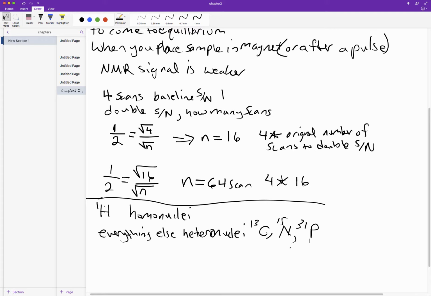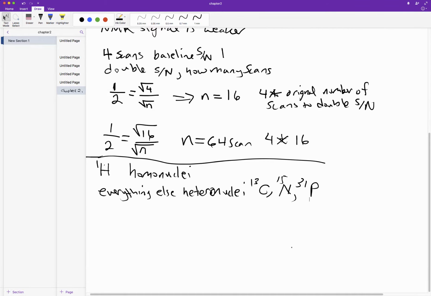Some other nomenclature that you may run into: in an NMR instrument, you have many different channels, and each channel produces a frequency. It's very typical to have 2 channels, channel 1 and channel 2.